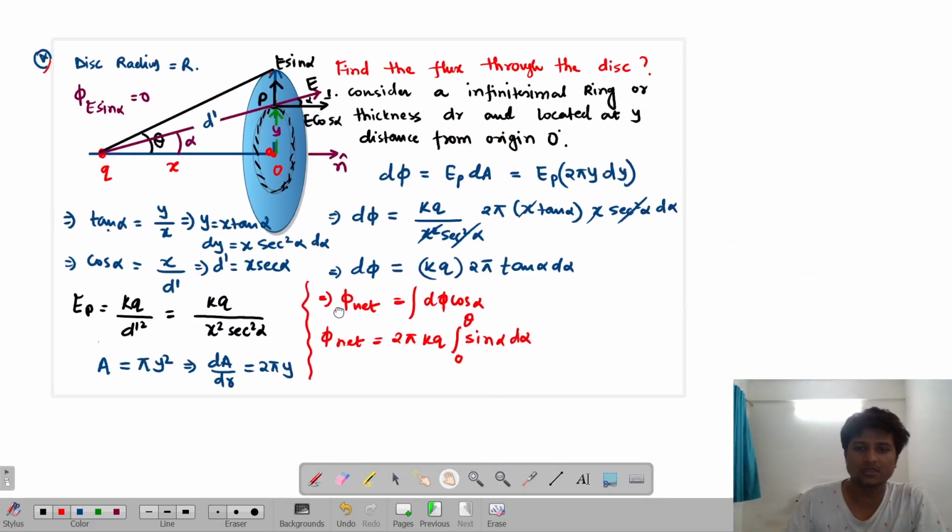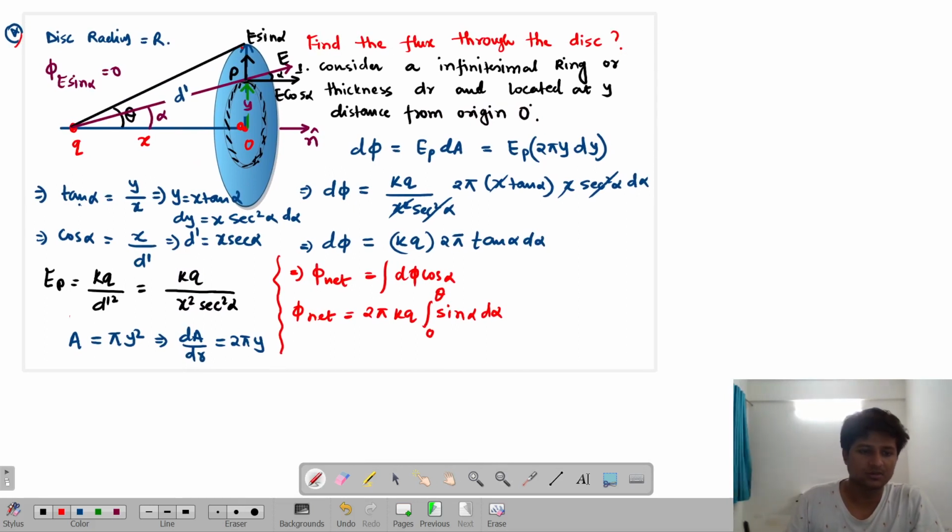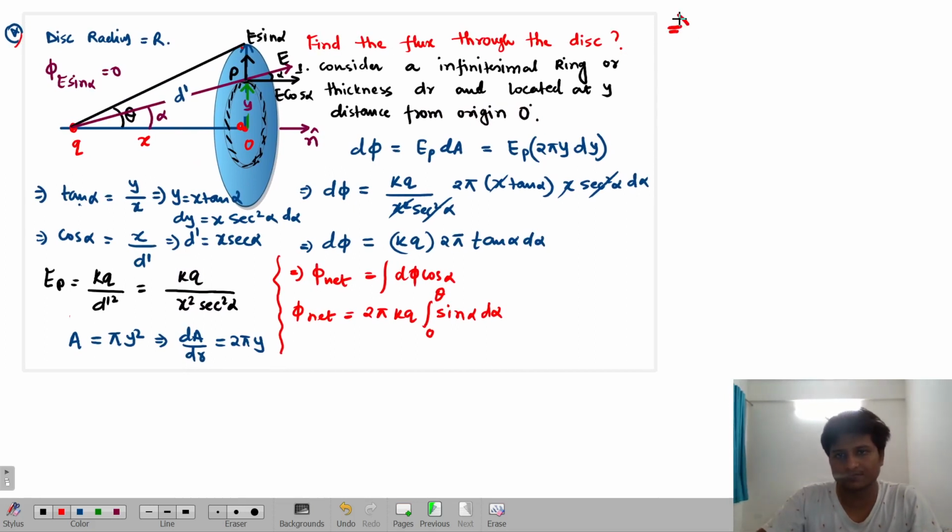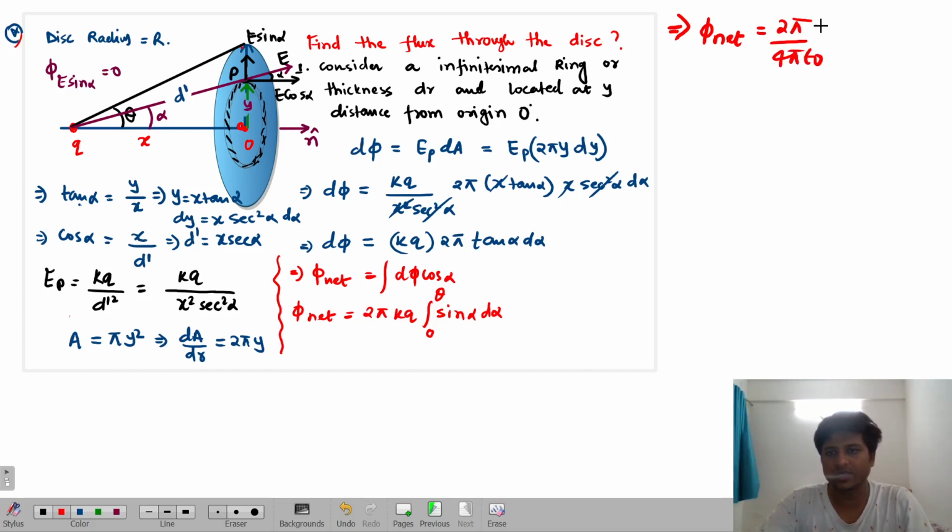Now I'll decrease its size. So look over here. If I do the integration, phi net will be what? I'll write in terms of 2 pi by 4 pi epsilon naught, putting the k value, into q integral 0 to theta sin alpha d alpha.